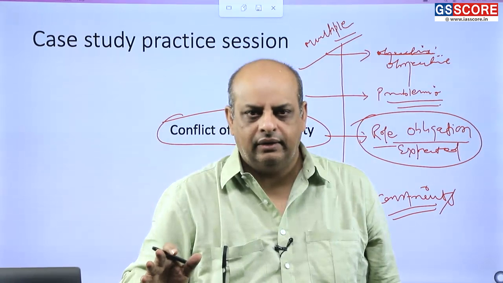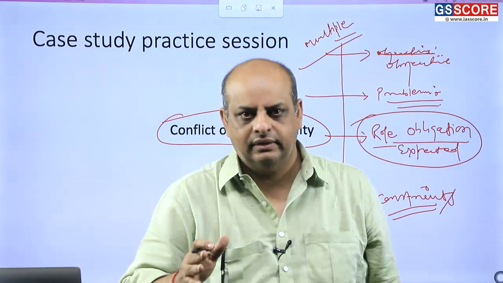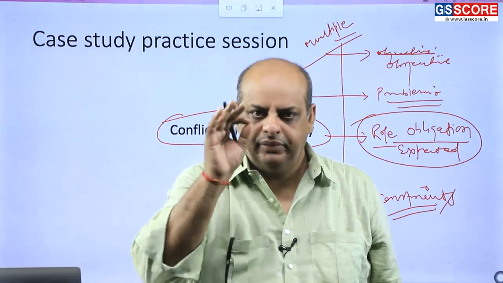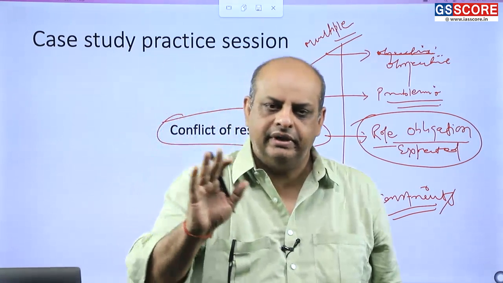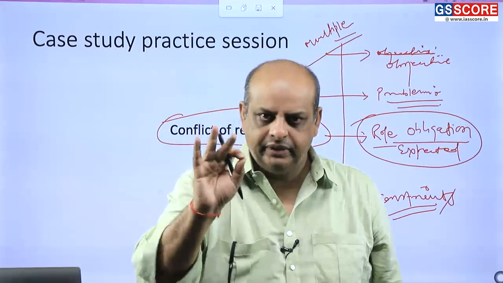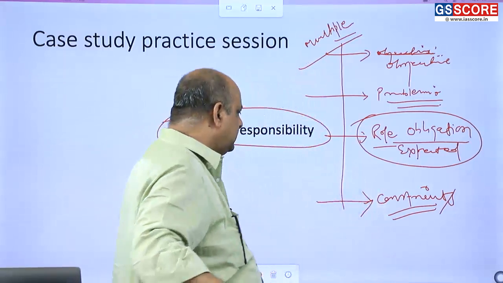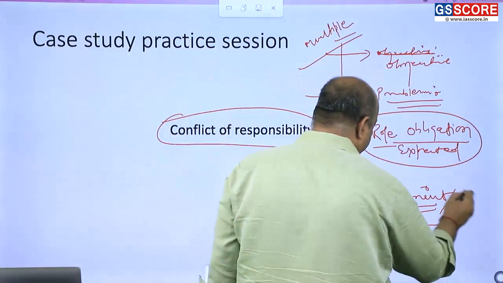It's not about good, bad, right, wrong. It's about whether your answer is relevant. Relevant simply means meeting the specific requirement. That's it. Nothing more, nothing less. So this is all about this.